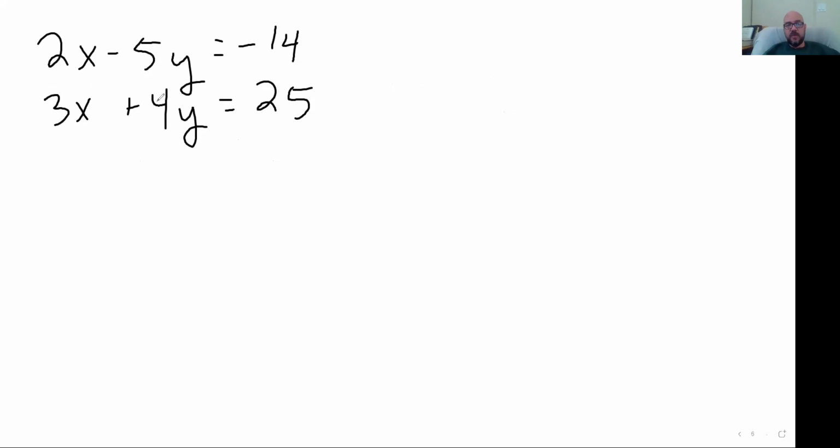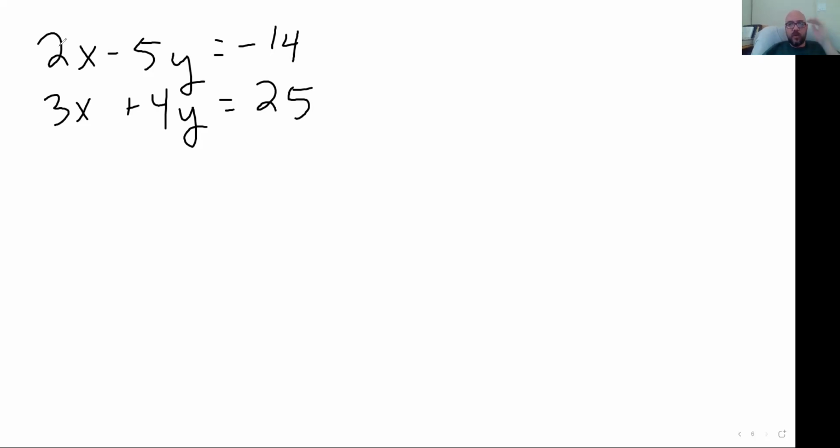And so I think it's going to be easiest to eliminate the x's here, because the least common multiple of 2 and 3 is 6, and that's relatively small, whereas the least common multiple of 5 and 4 is 20, and that's relatively large and would require some bigger numbers. So I'm going to do the smaller one, right?